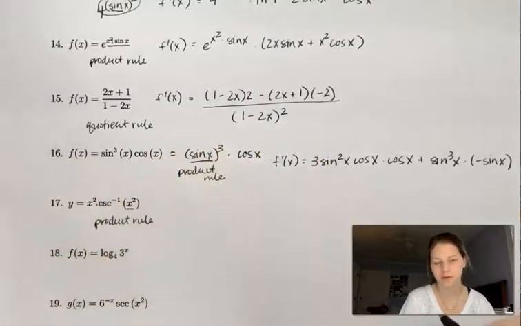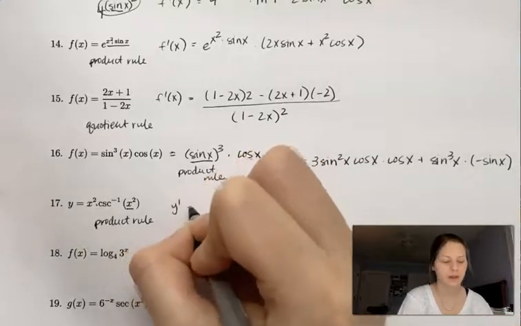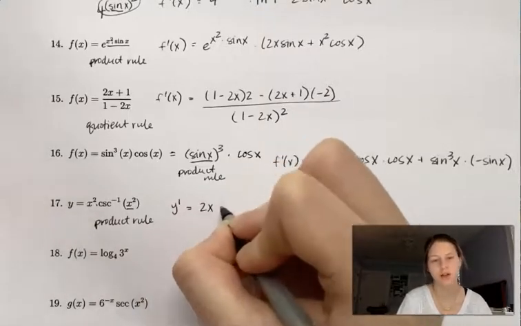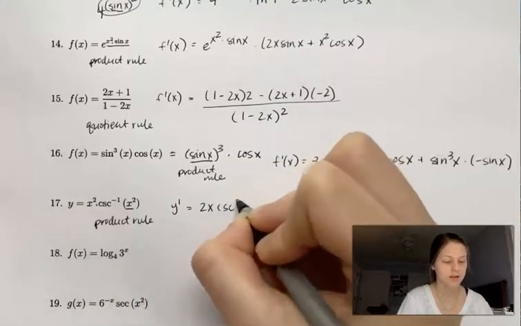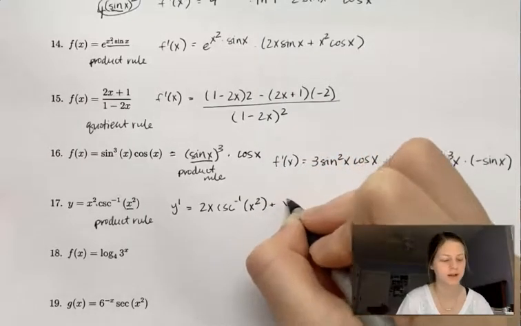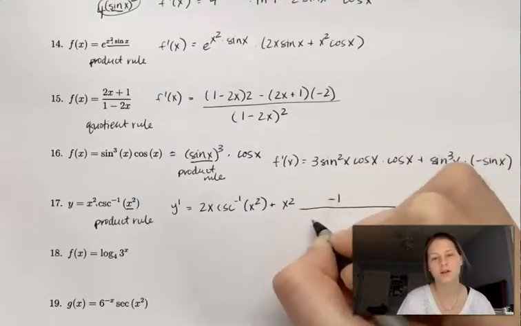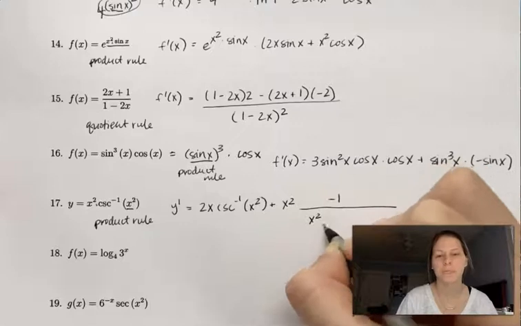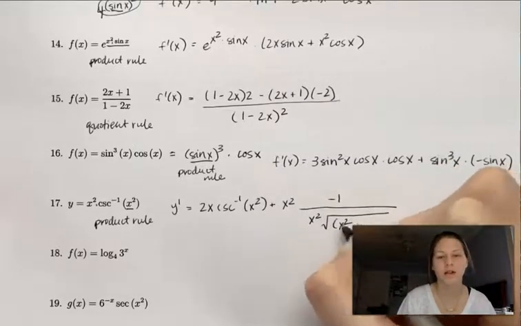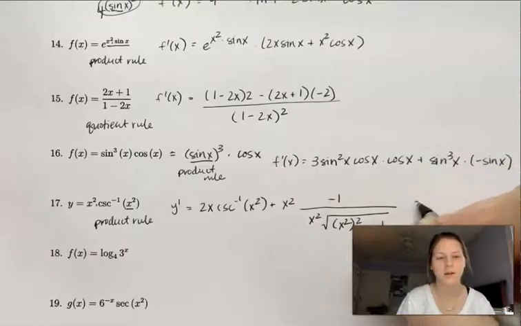So this is a product rule question, and we will get y prime equals 2x, the derivative of the first function, times the inverse of cosecant x squared, plus x squared times the derivative of the inverse of cosecant, which is, we get -1 over x squared times the square root of x squared minus 1.